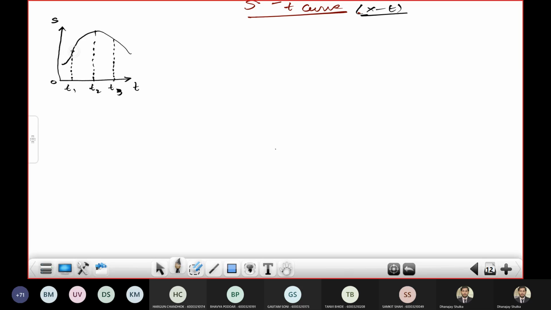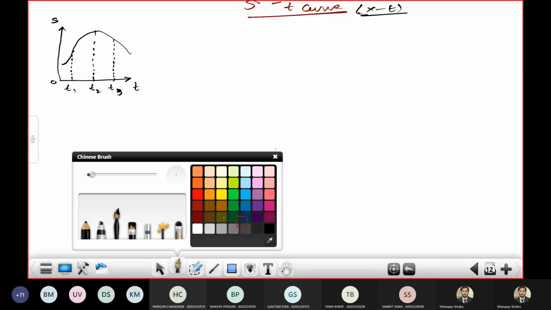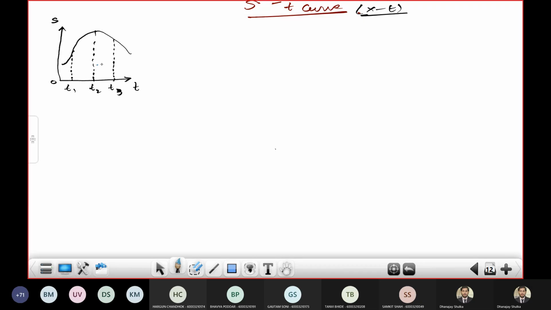Am I clear to you? Yes, sir. Now one by one we will see the use of each graph. So what is the ST graph used for? Now see, you know that velocity is ds by dt.